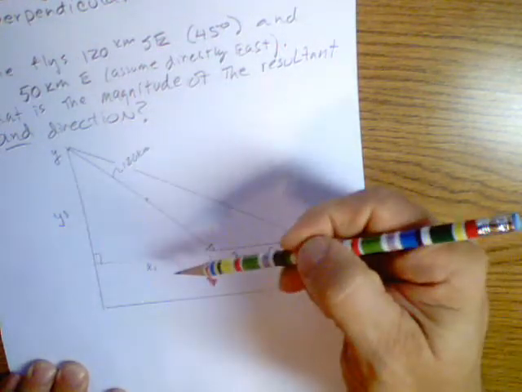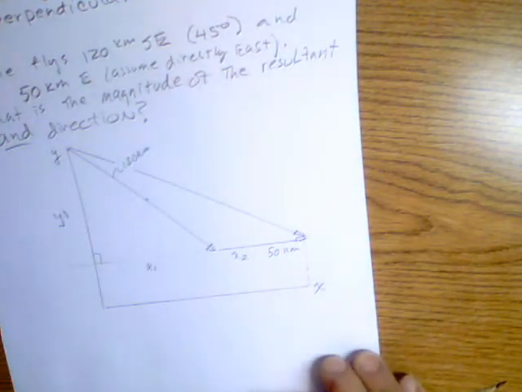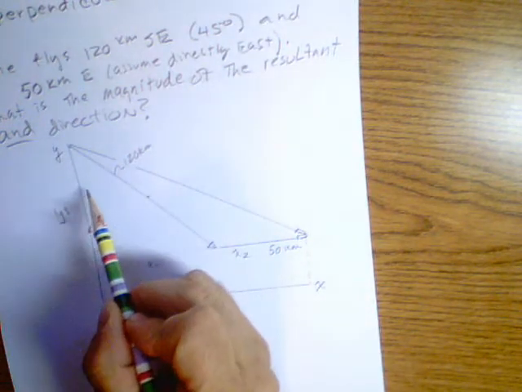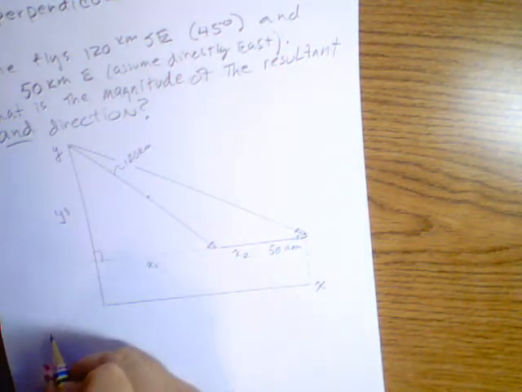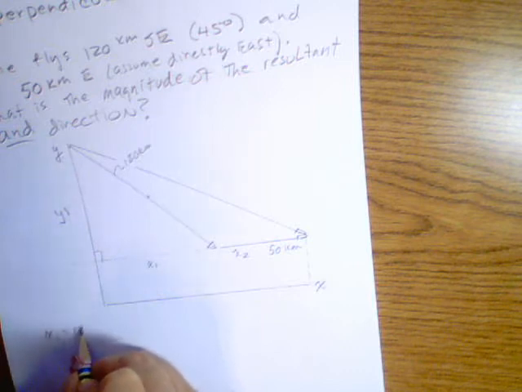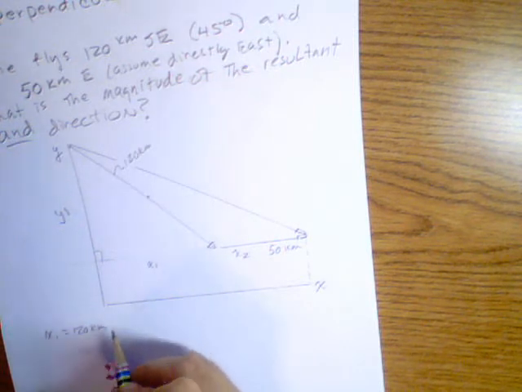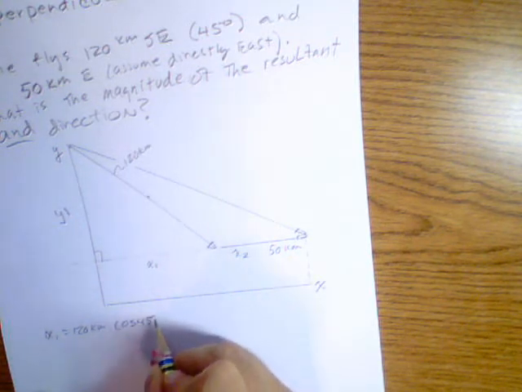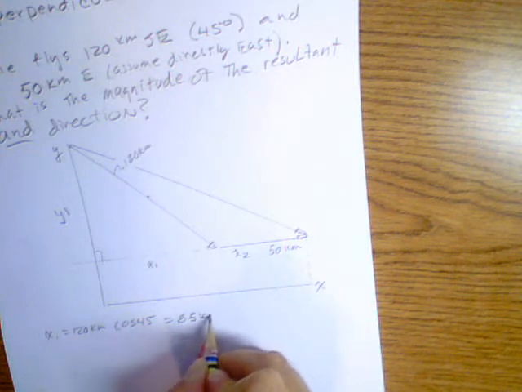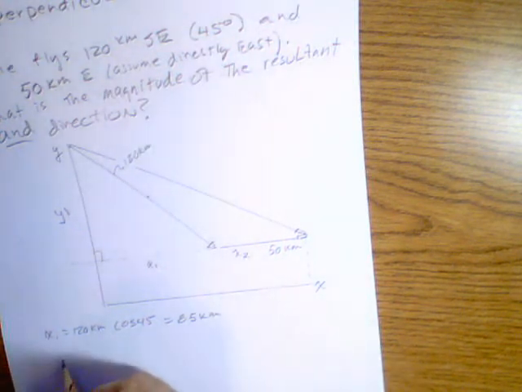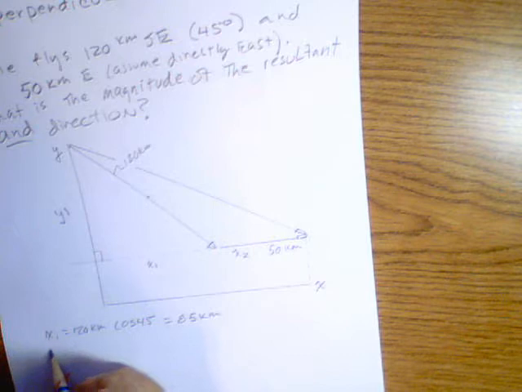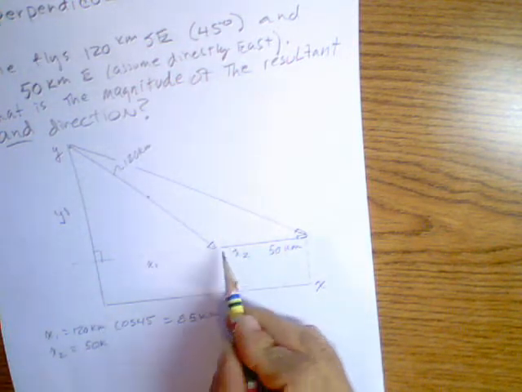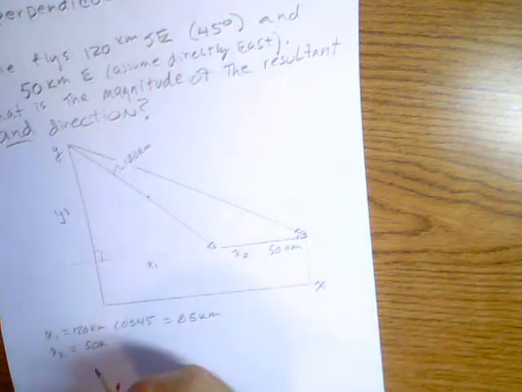Once we get the hypotenuse, we could use the inverse of tangent to find this angle, and that's how you do it. So x1 equals 120 kilometers times the cosine of 45 degrees, and that equals 85 kilometers. The x2 we already know, that's given for us. It's right on the x, so there's nothing to resolve.